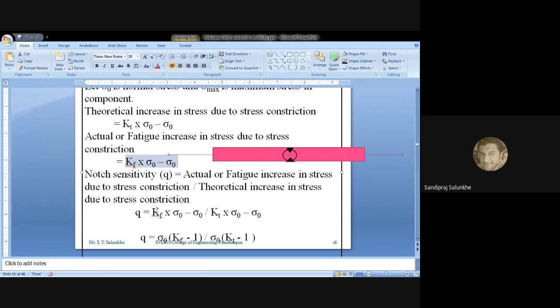So we can write this Kf, I will give a bracket for that, Kf into sigma 0 minus sigma 0 divided by Kt into sigma 0 minus sigma 0, right?